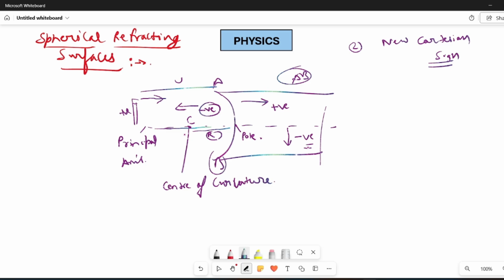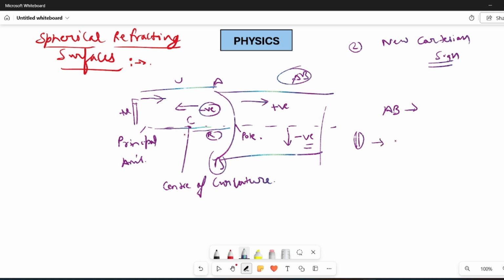Now, I'm going to take some assumptions as well, because whenever you create large surfaces, spherical aberration happens. I told you that. So for most of my cases, I'm going to assume that the aperture AB is going to be small. And most of the time, I'm never going to take a large object above the principal axis.